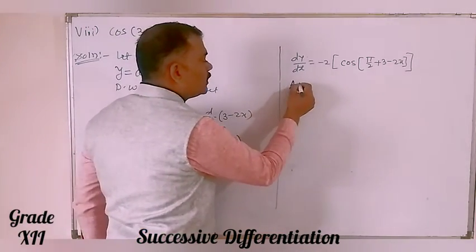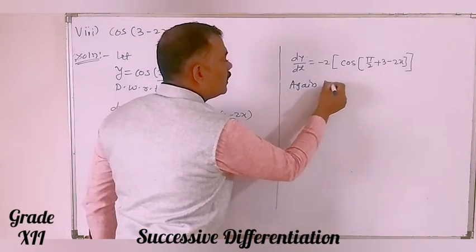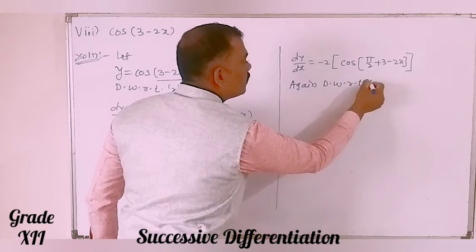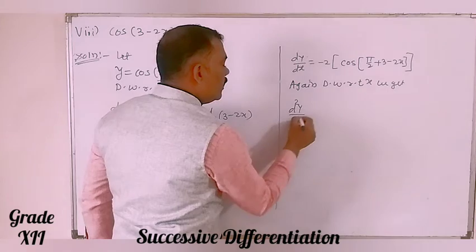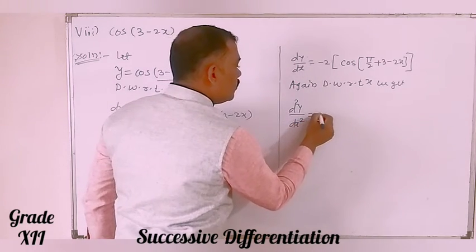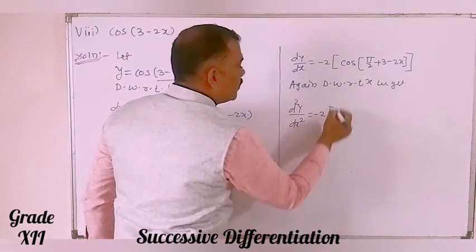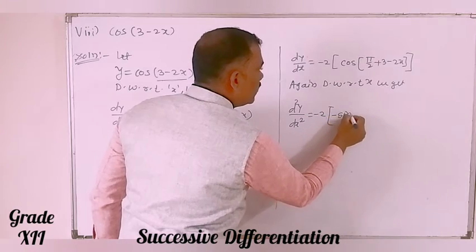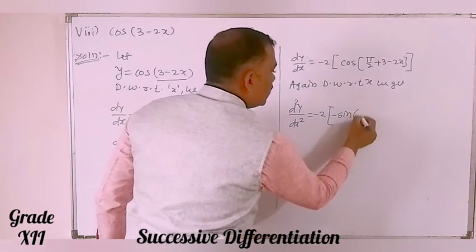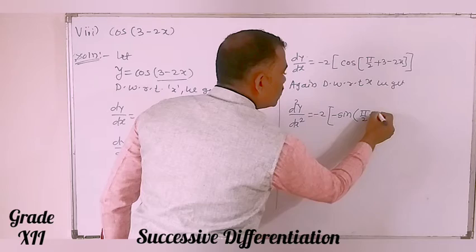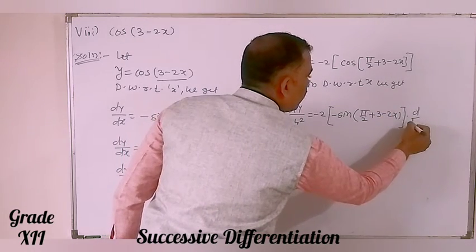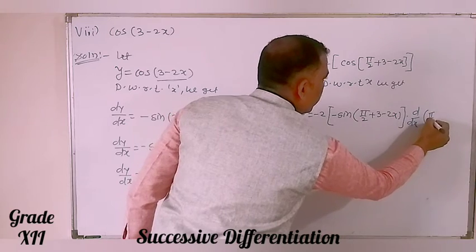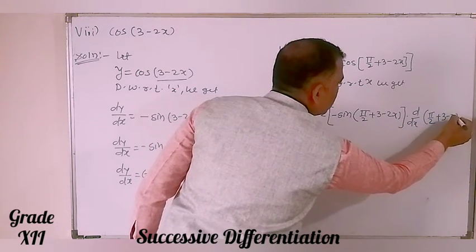Again we have to differentiate with respect to x. Again differentiating with respect to x, we get d2y by dx square is equal to minus 2 into, the differentiation of cos is minus sine of the angle as it is, that is pi by 2 plus 3 minus 2x into d dx of pi by 2 plus 3 minus 2x.